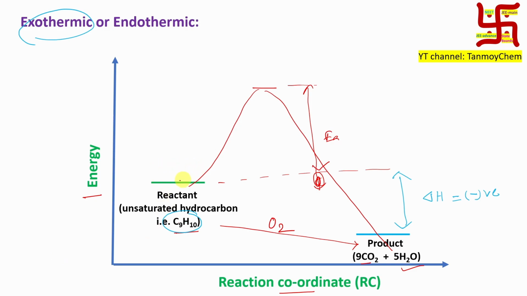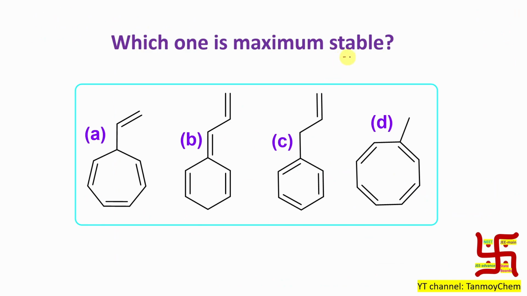If the reactant's energy is lower, meaning the reactant is more stable, then the released heat will be less. I guess that is our question: who will release the least amount of heat during combustion? So now our actual question is, who is maximum stable?